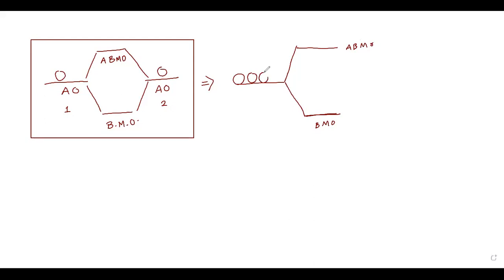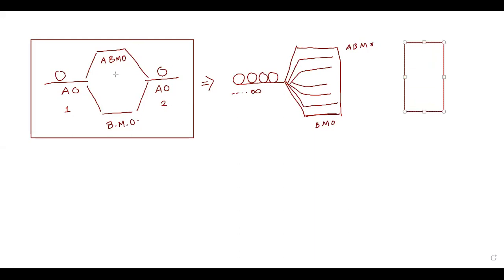Imagine I introduce two more atoms, such that more orbitals are created. If I keep on adding an infinite number of atoms, naturally we will get a large number of orbitals. So this whole diagram can be simplified in this manner, wherein half the part is bonding molecular orbital and half the part is anti-bonding molecular orbital.